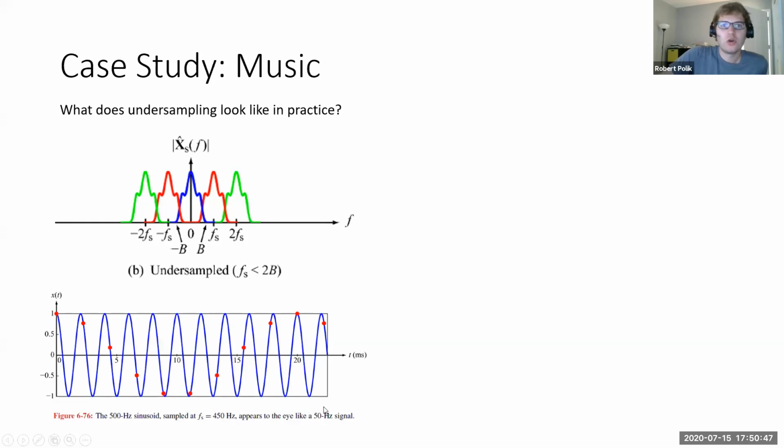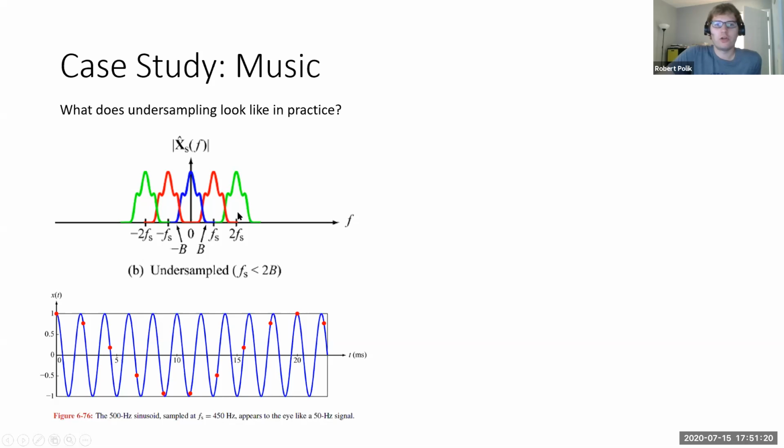And so what you're actually doing in the frequency domain, and the book didn't have a diagram for this, and I was too lazy to make it. But rather, this sine wave right here doesn't look like this frequency domain right here. This sine wave is just a single peak at 500 hertz. That's what the Laplace transform of this looks like, because that's all it is. It's a wave at 500 hertz. So you do your 500 hertz, and then you'll notice that each of these peaks are moving by one sampling frequency.